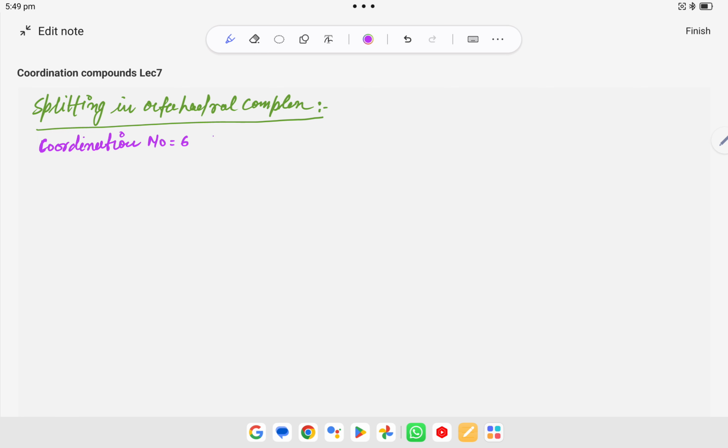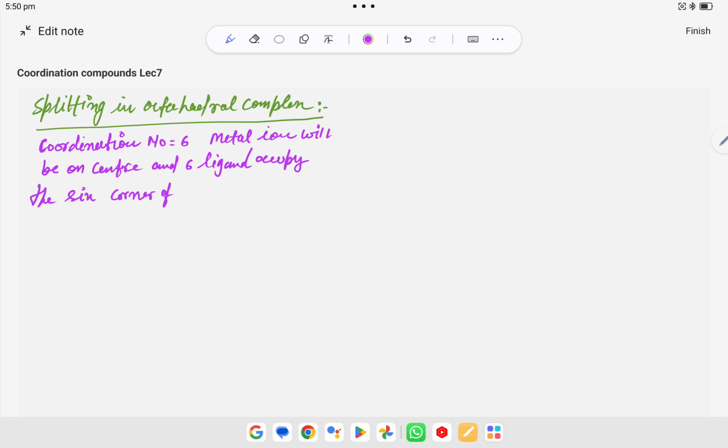So here I am writing: metal ion will be on center and 6 ligands occupy the 6 corners of octahedron.